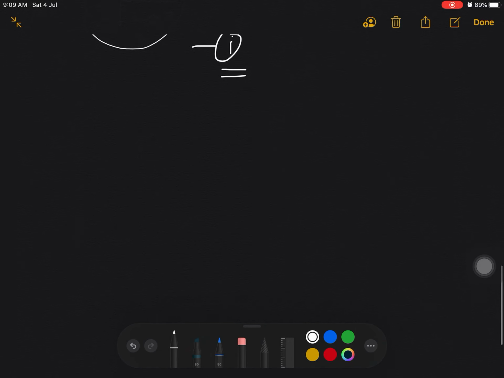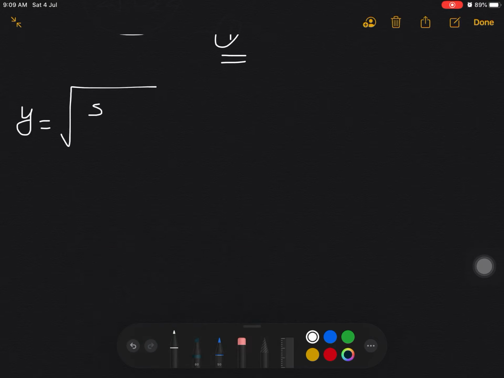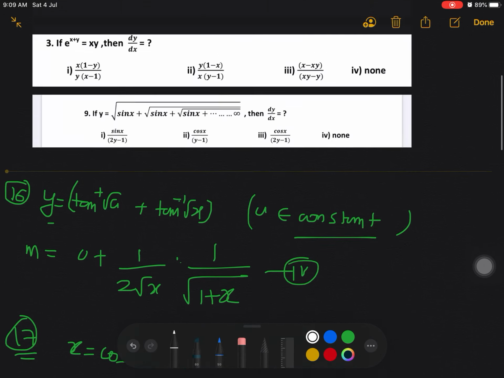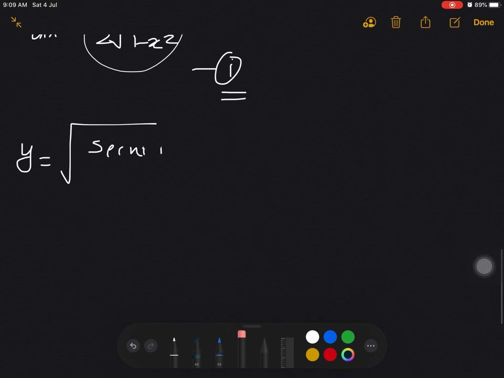So to simplify this expression, we can write y is equal to whole root over sec x plus 1 by sec x minus 1, sec x minus 1 by sec x plus 1.